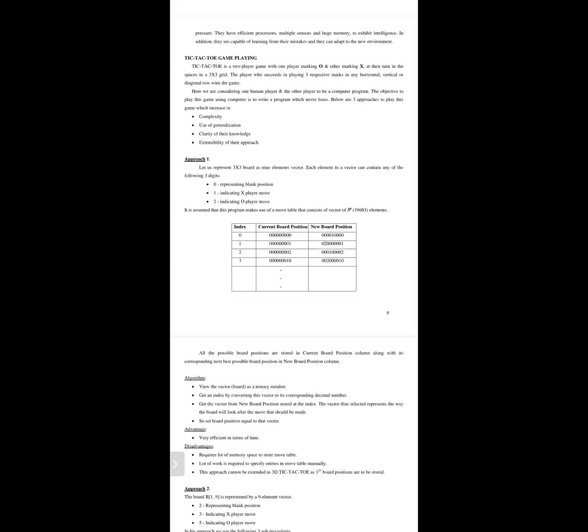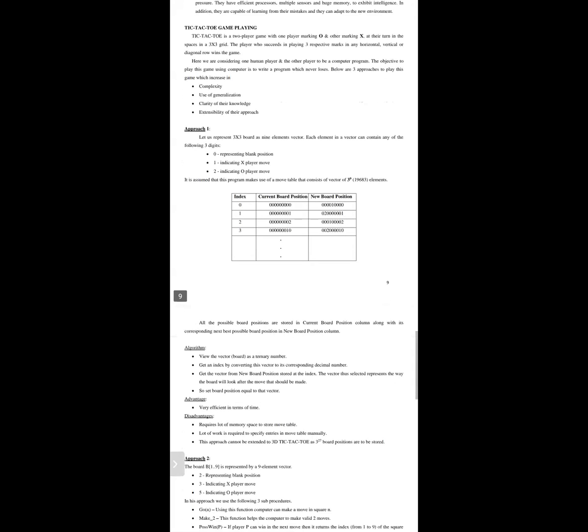Complexity gets increased by using these approaches. There is also an increase in use of generalization, clarity of knowledge, and extensibility of the approach. So there are four things: complexity is increased, generalization use will be increased, knowledge clarity will get increased, and extensibility of the approach will get increased.